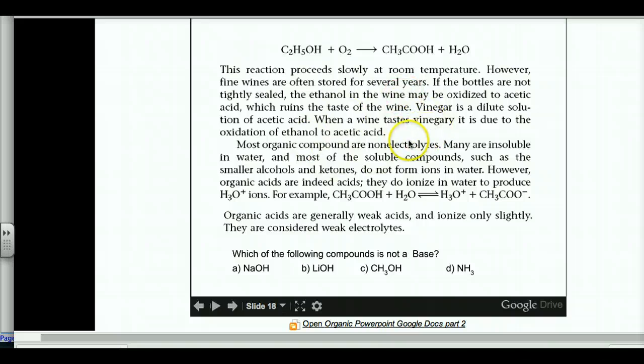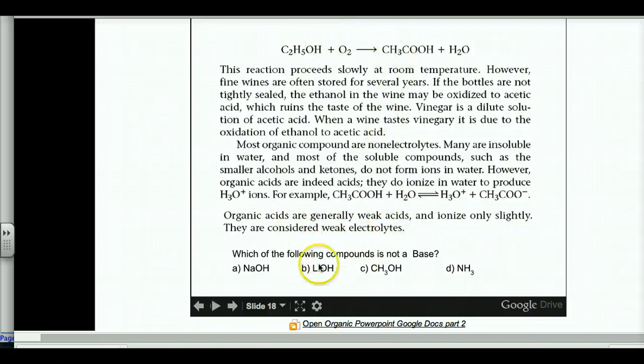Wine, when it's exposed to oxygen, will make the aldehyde and eventually make vinegar and give a vinegar taste. The ethanol we got from fermentation would become an aldehyde first because this is a primary alcohol, and then eventually an organic acid.